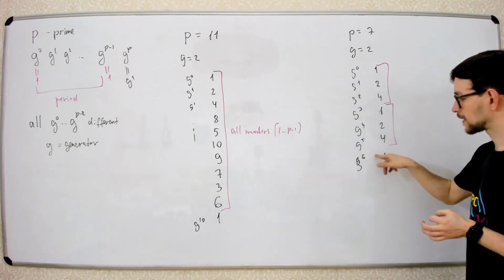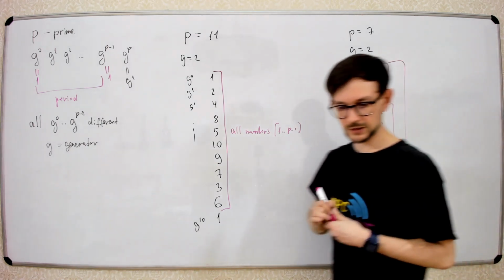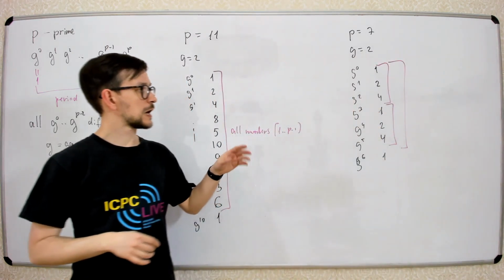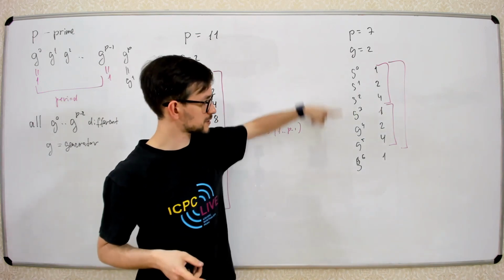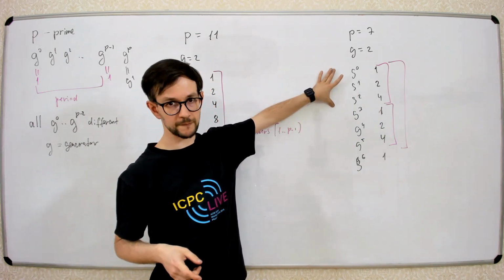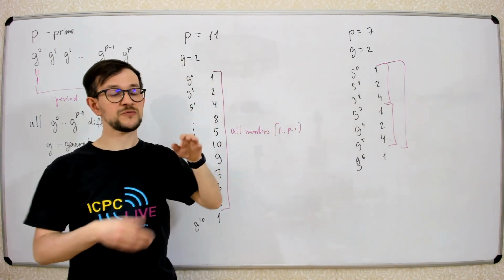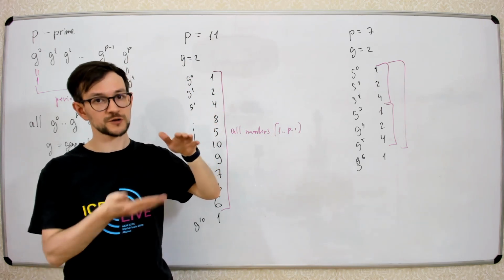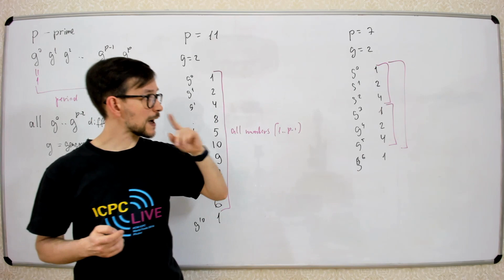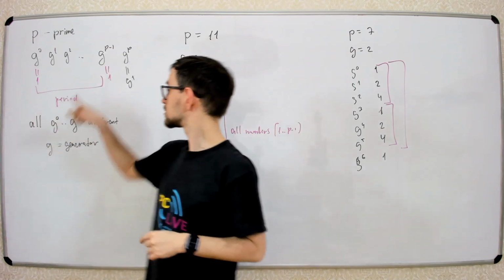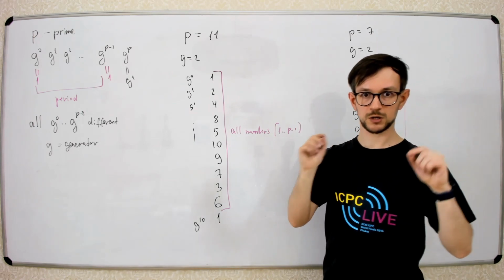What's the problem here? Like here, 6 is also a period of this sequence. The problem is that I have a smaller period. I have period 6, but I also have period 3. So if I have a period which is shorter than p minus 1, then it is not a generator. So what I need to do is check if this sequence has a period less than p minus 1.